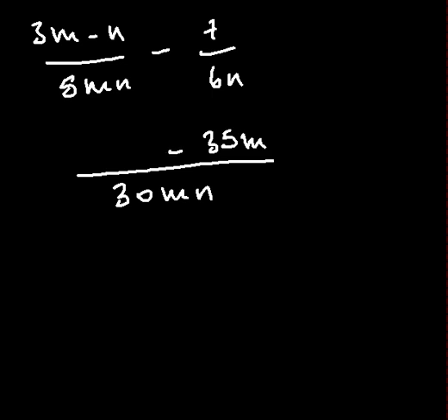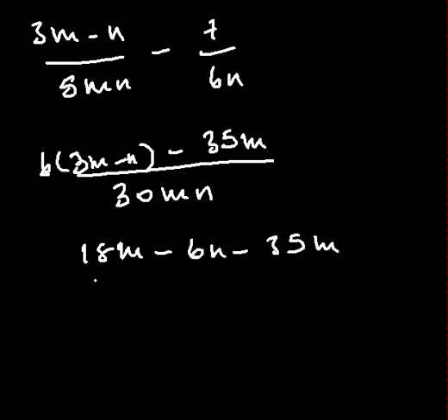And 5mn into 30mn is 6, and 6 times (3m - n). Then we have to distribute the 6. That will be given as 18m - 6n, minus 35m, divided by 30mn.